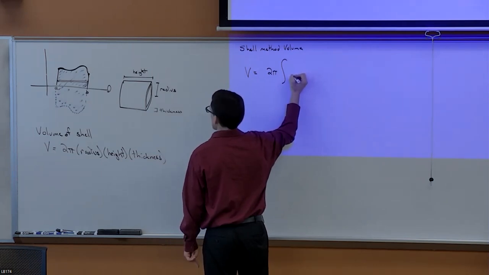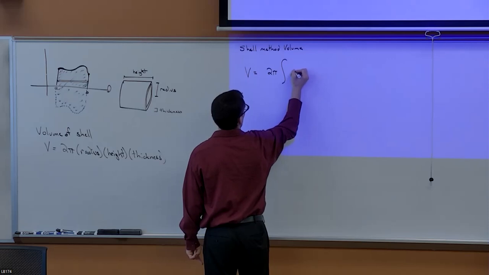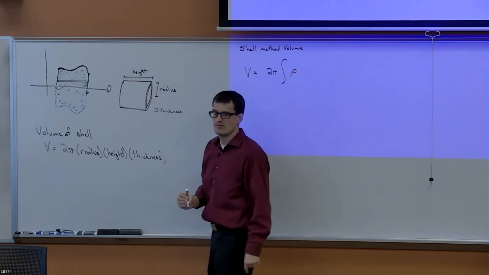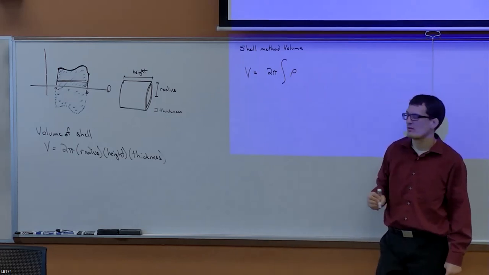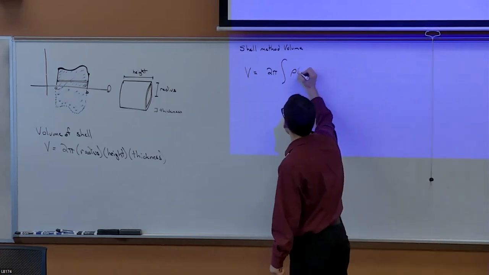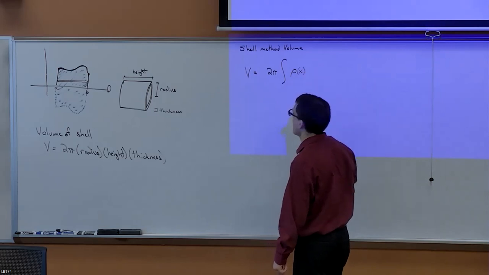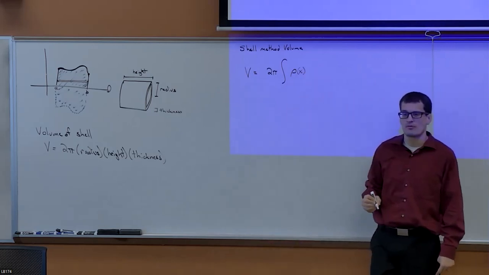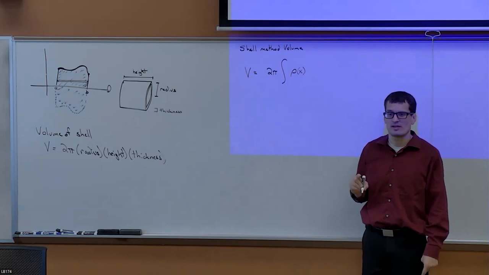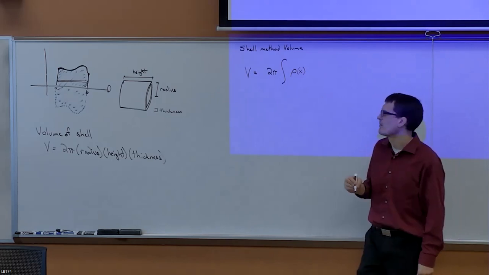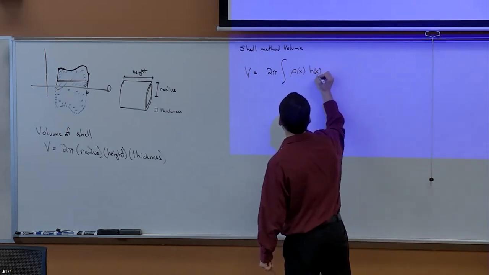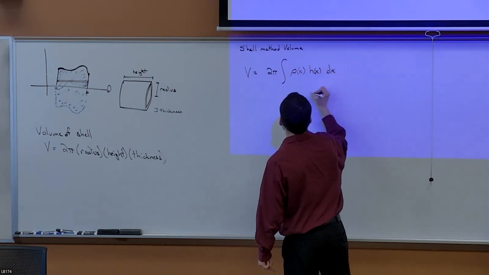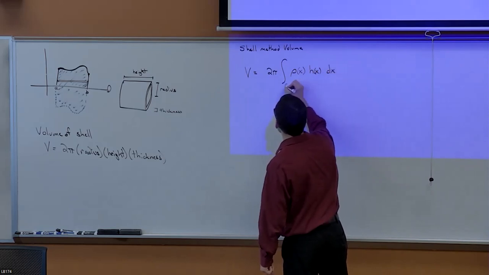The radius we actually call rho of x so that I don't confuse it with the radius from the disk method. So we got a new letter. We use rho, the Greek letter for r. Height is h of x, integrated with respect to x from a to b.